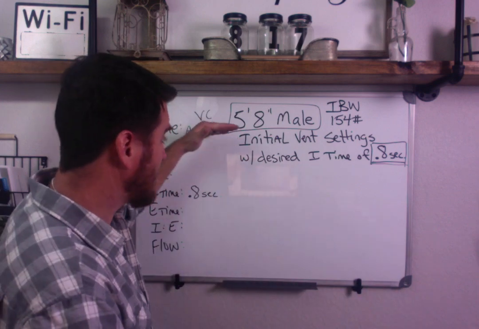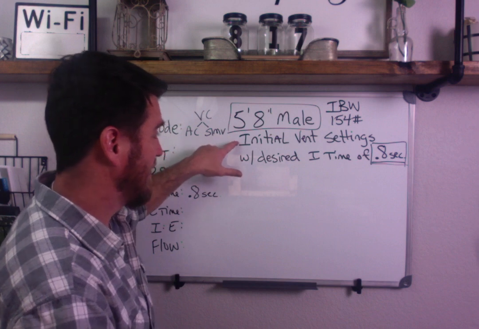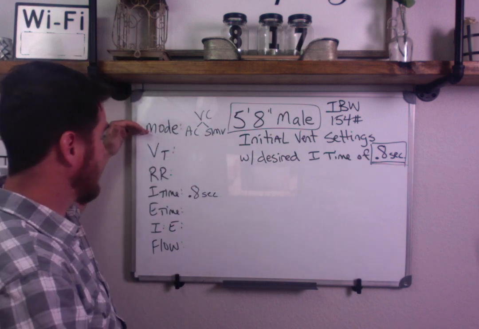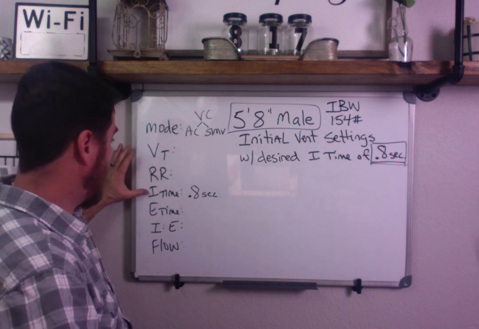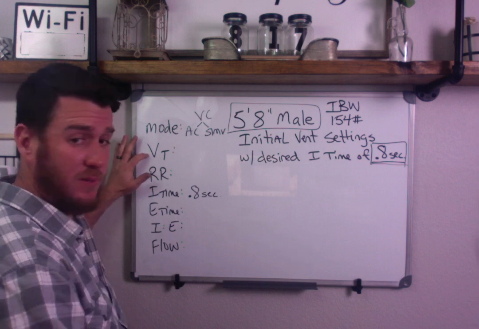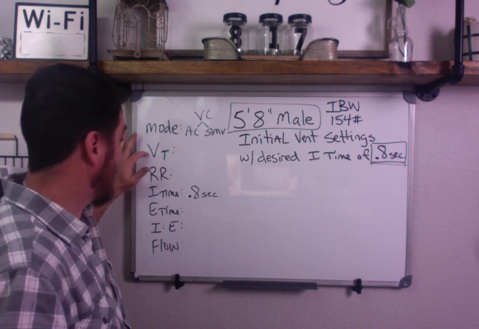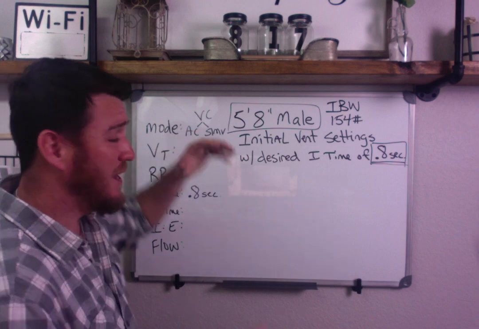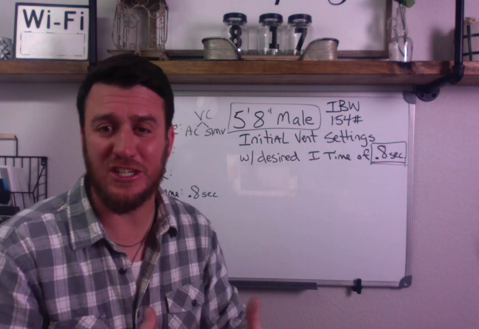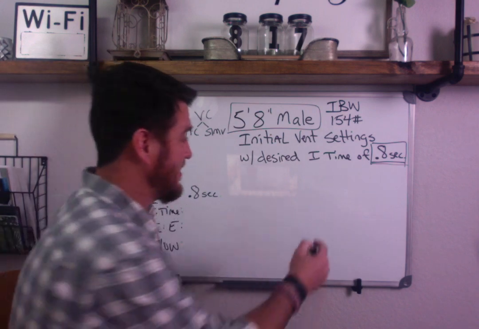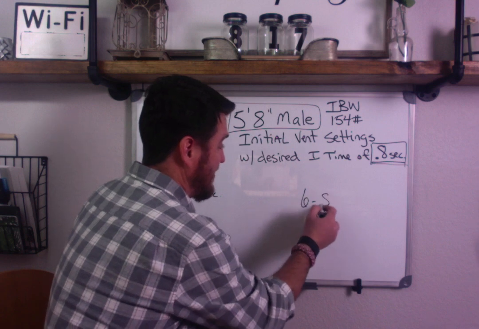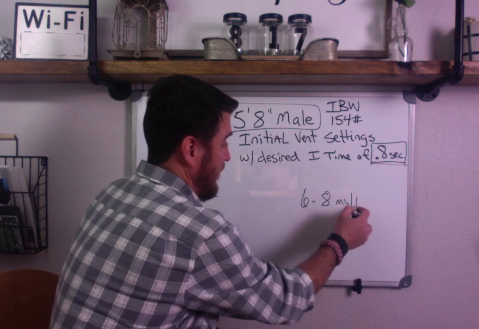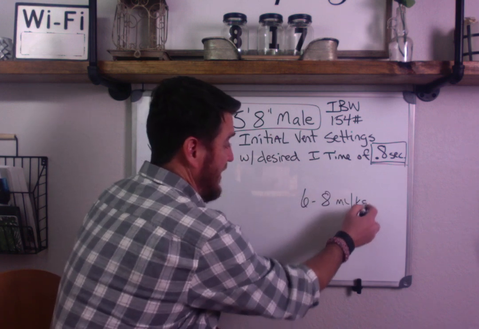Now, we're talking initial vent settings. So from the mode and from the I time, let's talk about tidal volume. What I want to point out to you is that we know the safe initial tidal volume range: it's 6 to 8 mLs per kilo.